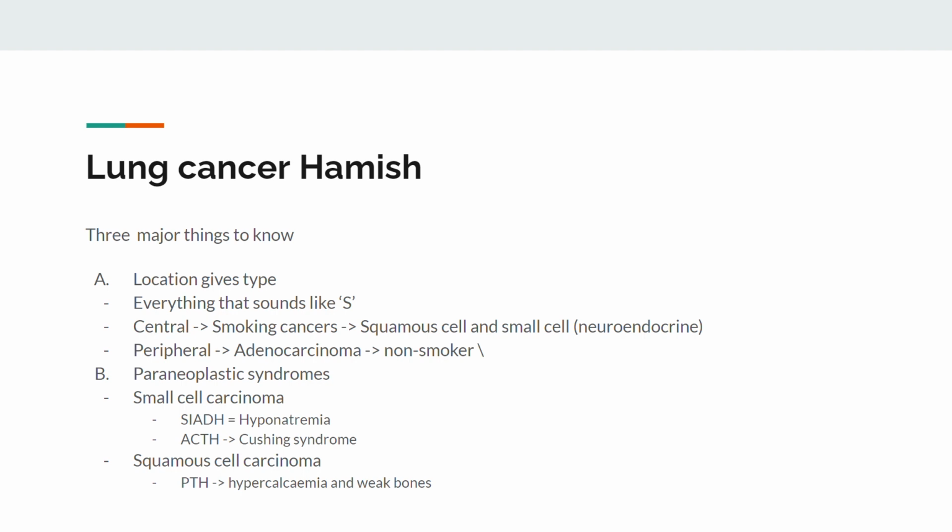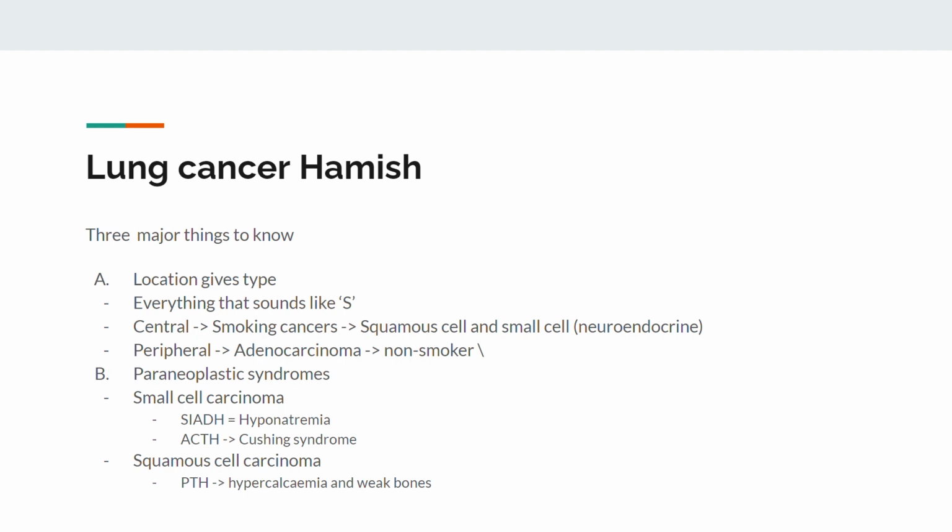Say that again: central, so if they're found centrally in the lung, meaning the large airways, you've got smoking cancers and they're squamous cell and small cell carcinomas. That leaves only one major other one that you need to know, which is adenocarcinoma. This is found in the periphery and it's usually in a non-smoker. So location is the first thing you need to know to differentiate the lung cancers.